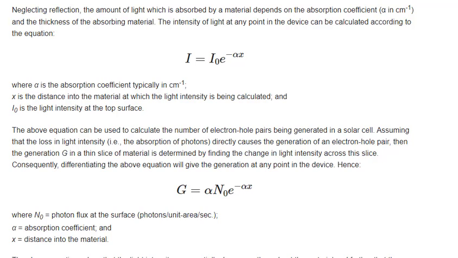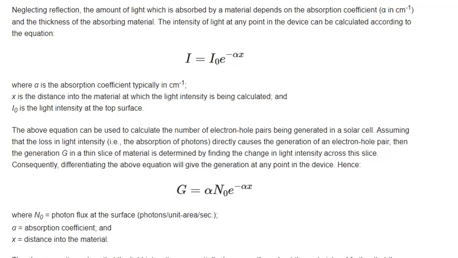The above equation can be used to calculate the number of electron-hole pairs being generated in a solar cell. Assuming that the loss in light intensity, i.e., the absorption of photons, directly causes the generation of an electron-hole pair, then the generation G in a thin slice of material is determined by finding the change in light intensity across this slice.